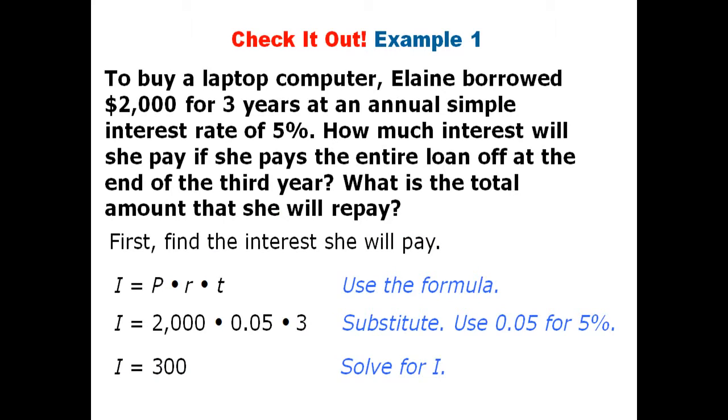Our example is that Elaine borrowed $2,000 for 3 years at an annual simple interest rate of 5%. How much interest will she pay if she pays the entire loan off at the end of the third year?